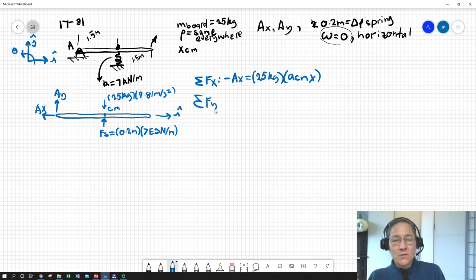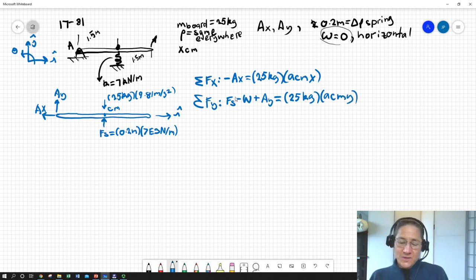Sum of the forces in the y, we're going to have spring force pushing up minus the weight pushing down plus AY is going to equal mass, 25 kilograms, Newton's second law, MA, and this time it is the acceleration of the center of mass in the y direction.